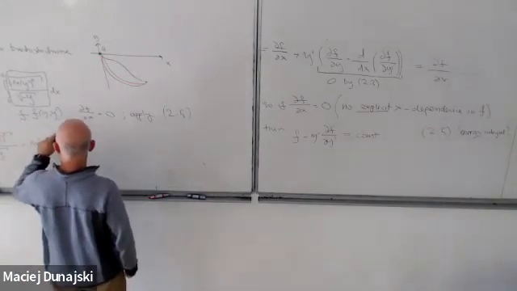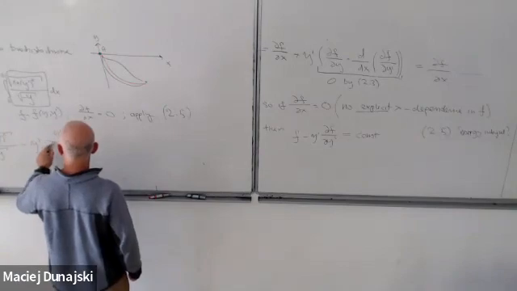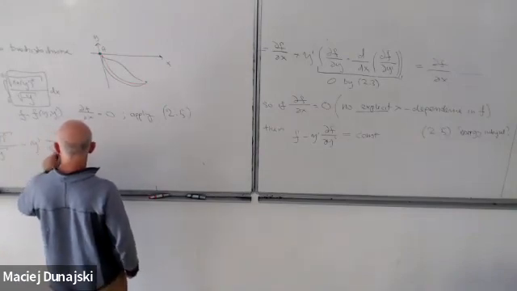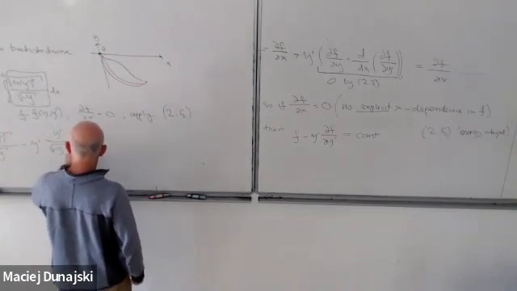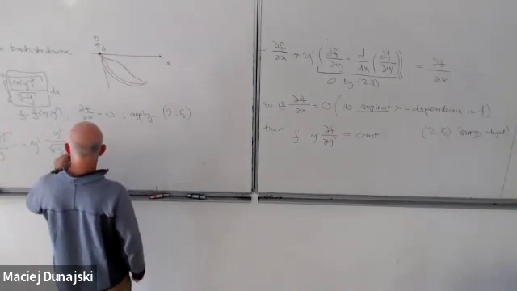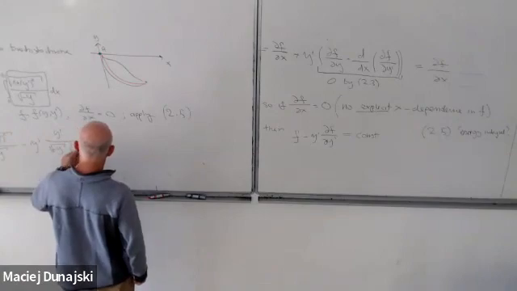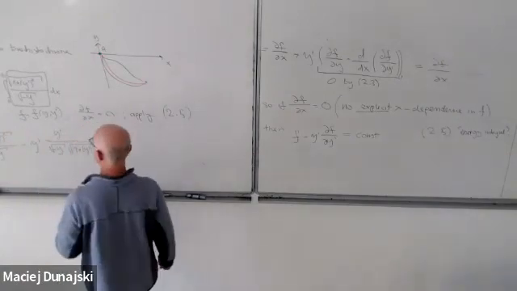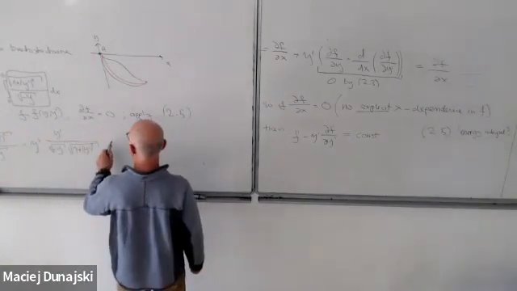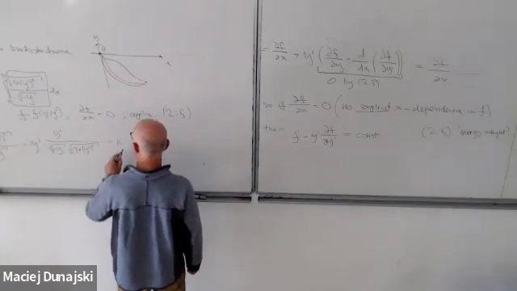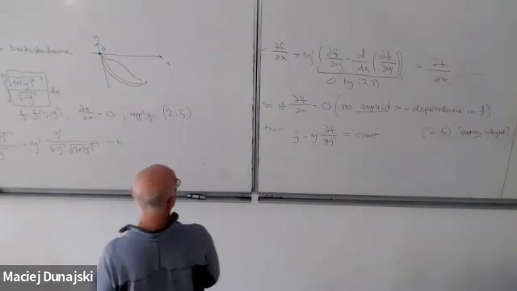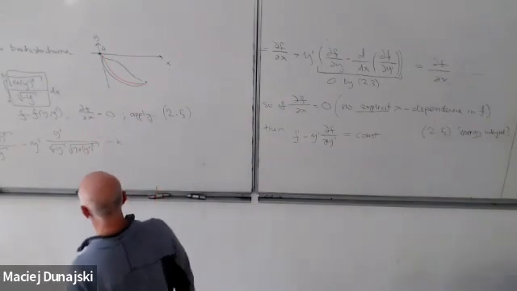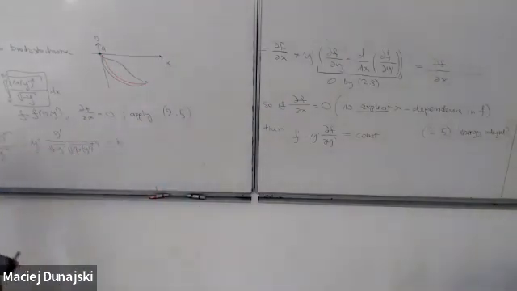So that is y prime divided by the square root of minus y times the square root of 1 plus y prime squared, and that equals a constant.